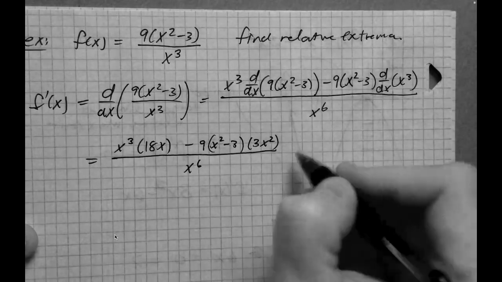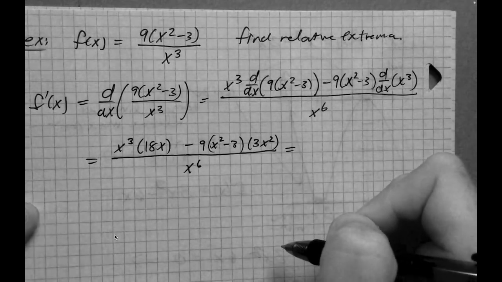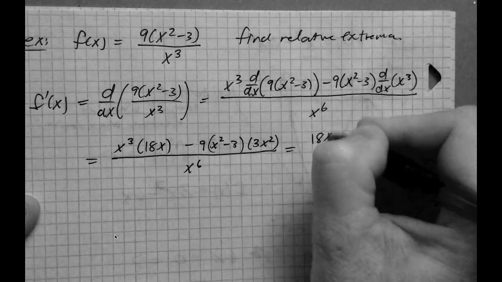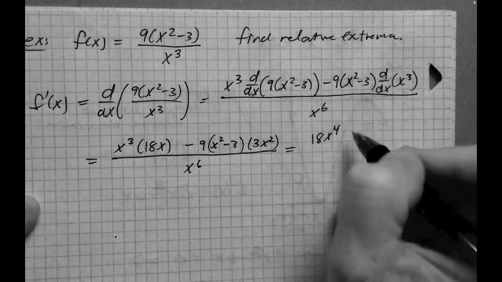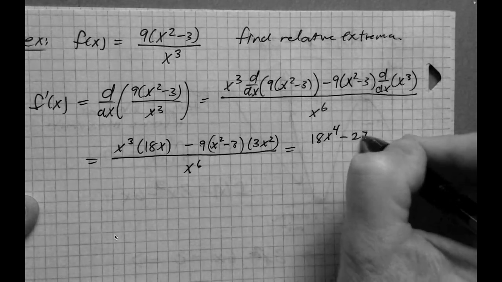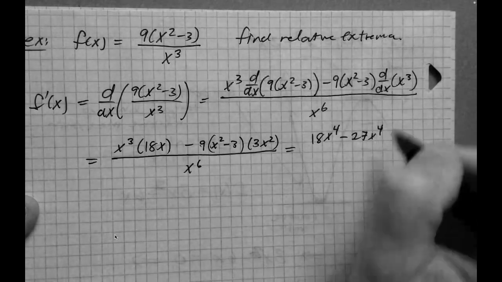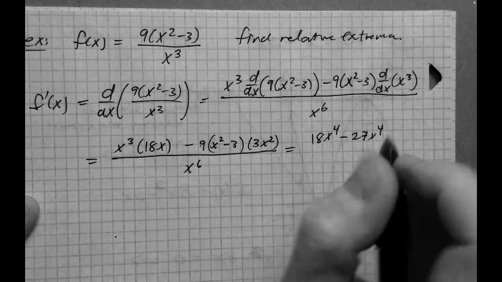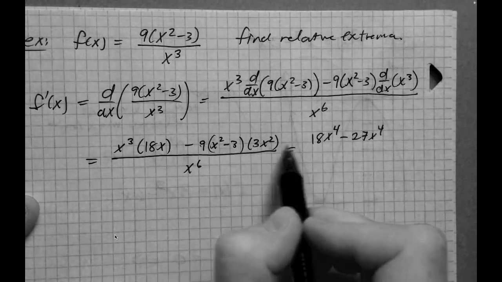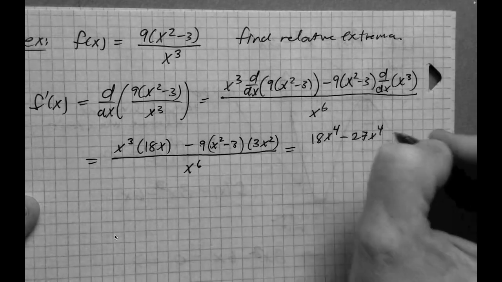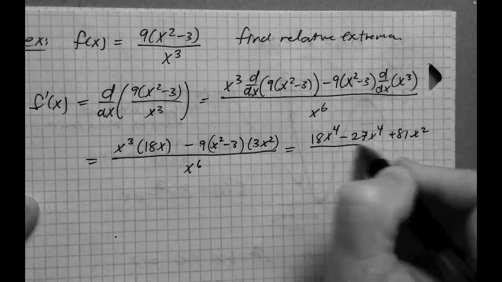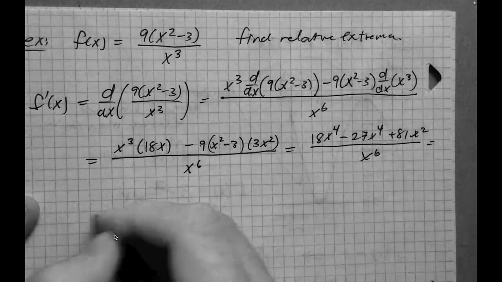Okay, now there's going to be some cleanup here, so let's expedite that, see if we can do that. So 18x to the 4th, and then minus, and then here you'll be 9 times 3, so 27x to the 4th, and then 81x squared, I believe. 9 times 3 times 3 is 81, positive, and then it's x squared, so plus 81x squared, and then the whole thing divided by x to the 6th.